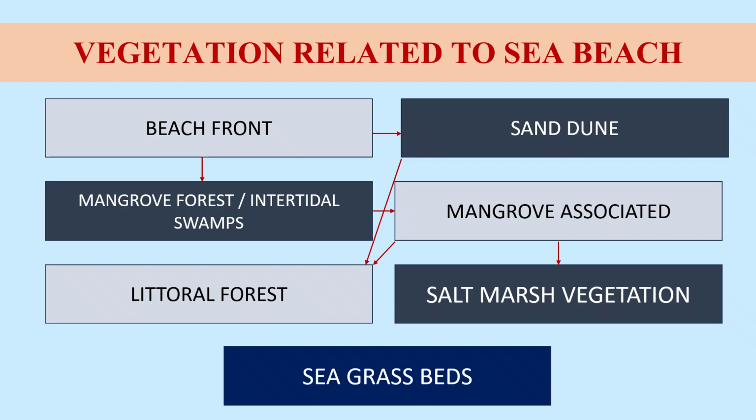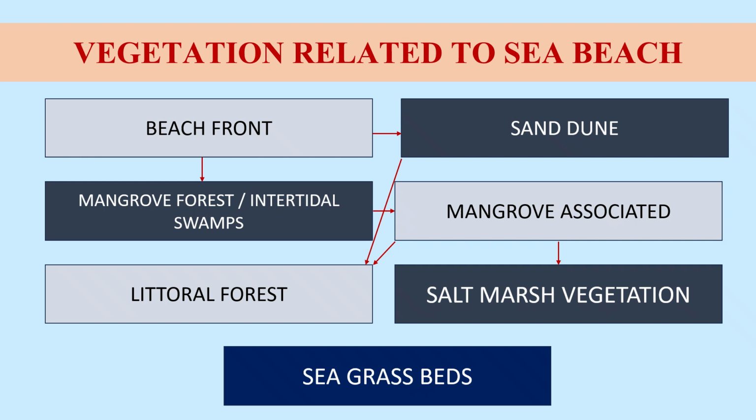In such types of vegetation, the salt water remains all the time with a high or low velocity of winds, and they are mostly covered with the tidal flooding and saline wetlands. So most of the time they are affected by the tidal waves.